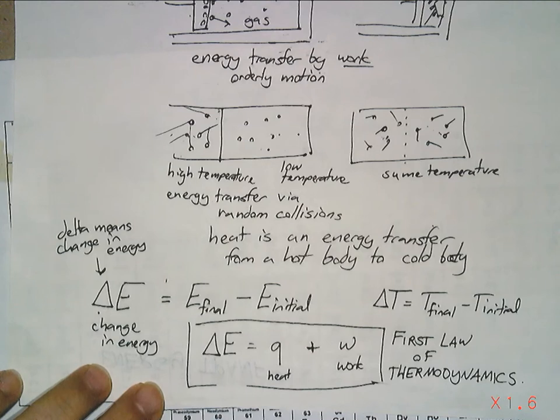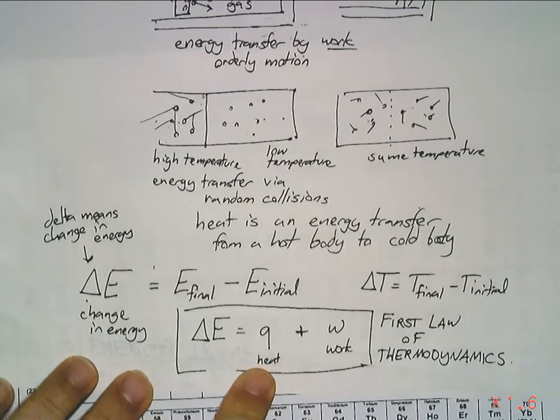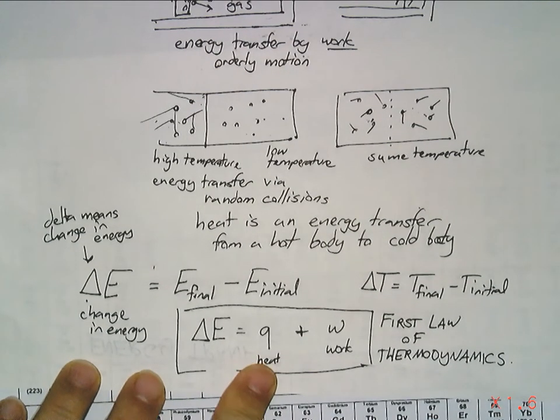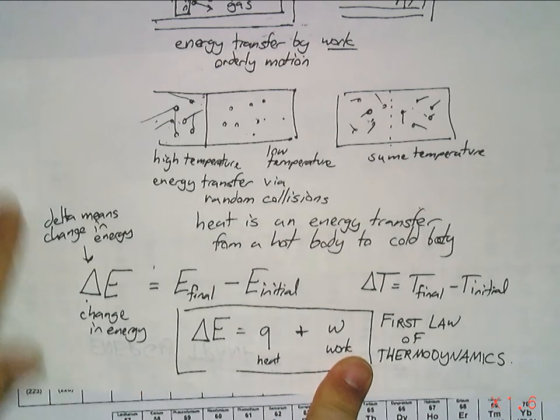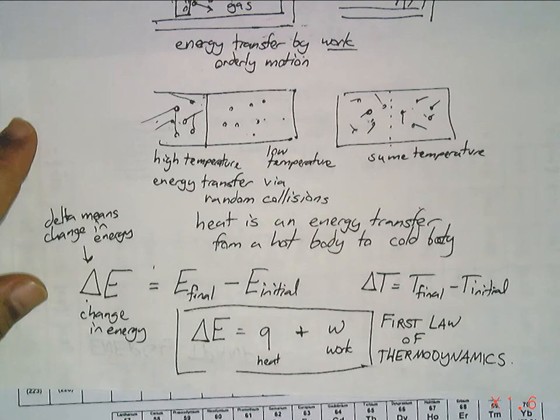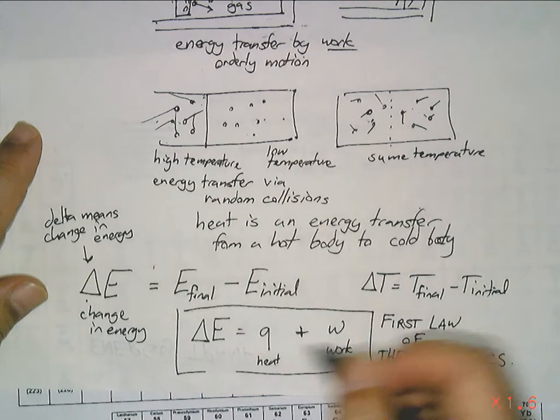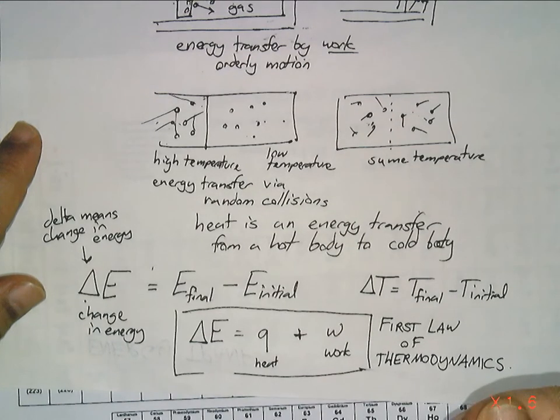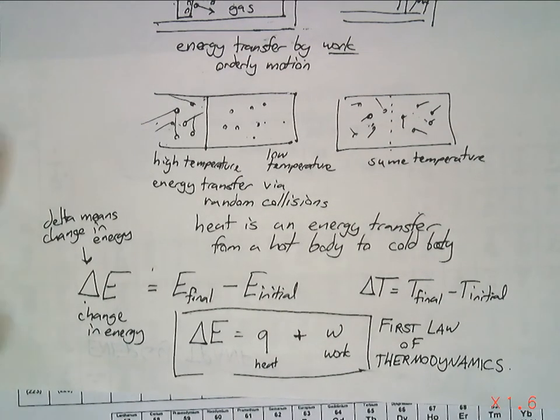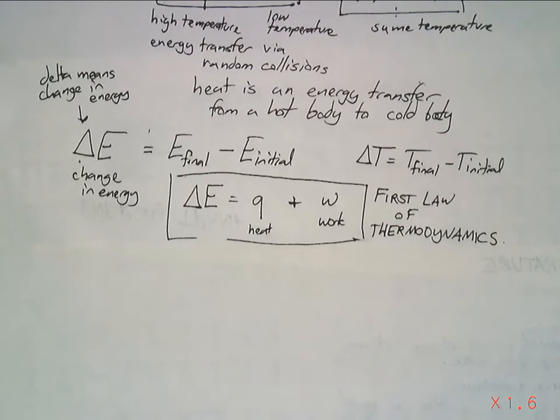If you take the energy that is transferred as heat and add it to the energy that is transferred as work, those two will add up to your energy change. Sometimes you don't have both of these things going on. Remember, when we had work going on, we had to have an opposing force.